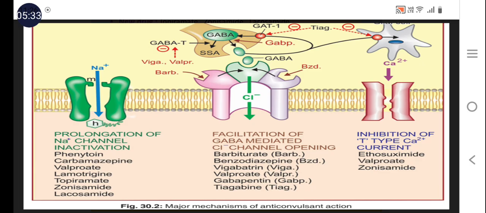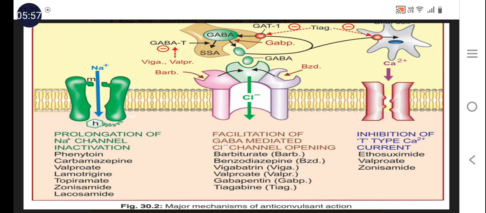Whenever there is an entry of sodium through any ionic channel, it is responsible for depolarization. Depolarization means positive charge comes inside the cell, and it leads to the action potential.